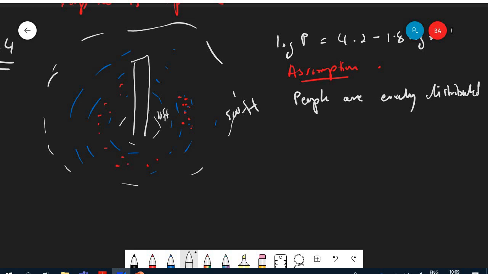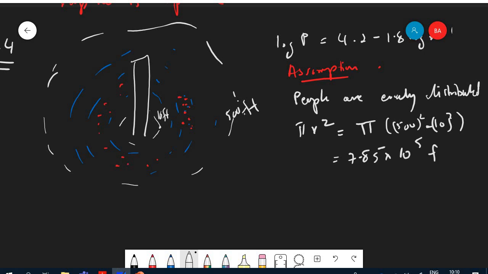Okay, so that is my assumption, and based on that assumption, what is my area? My area is pi r square, and that starts from 10 because no one can be inside there, till 500. So it will be pi times 500 square minus 10 square. I'm taking the area minus that smaller area, which is the one inside, and it is equal to 7.85 times 10 to the power 5 feet square.